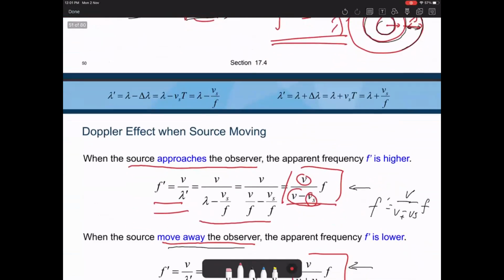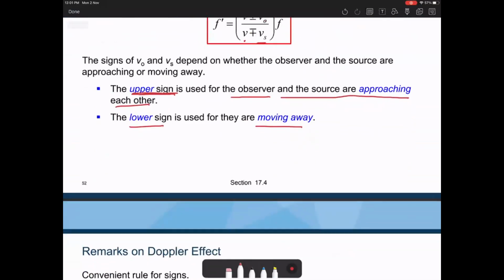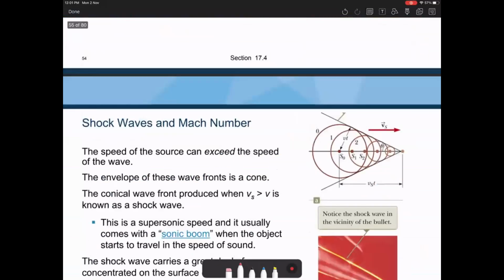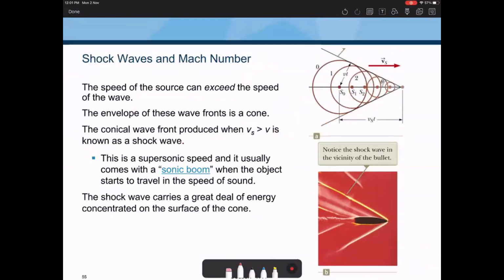In the case where the source is faster than the speed of sound, you would be compressing some wavefronts all together and generate a cone of waves like the one shown at the top. So this is the case of the sonic boom.